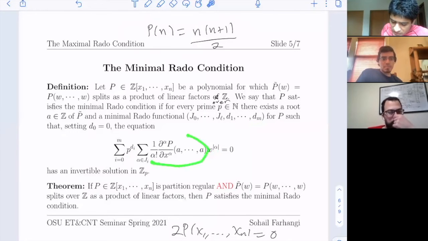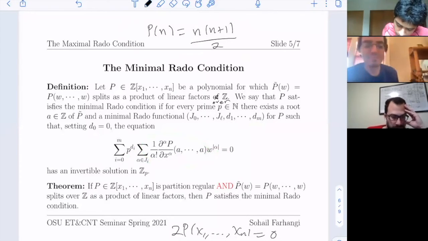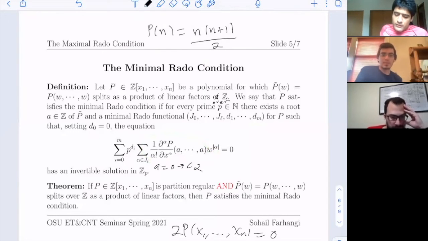The change is here. Now, you should all notice that if a is 0, then this is just going to be C alpha. And then you obtain a polynomial that looks the same as what we got in the maximal Rado condition. The only difference is that our roots are now in Zp instead of the real numbers.